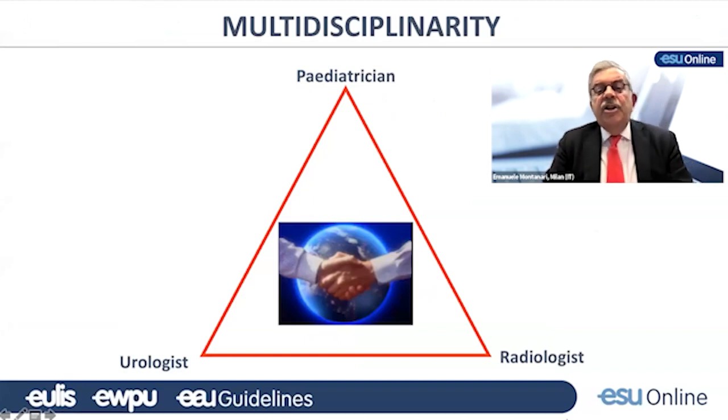Of course, multidisciplinarity in this field is of extreme importance, and pediatricians should work with urologists and radiologists in a strict way, really, to find the best solution for the problem.